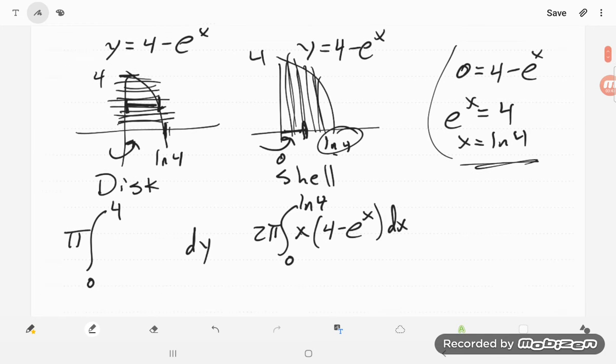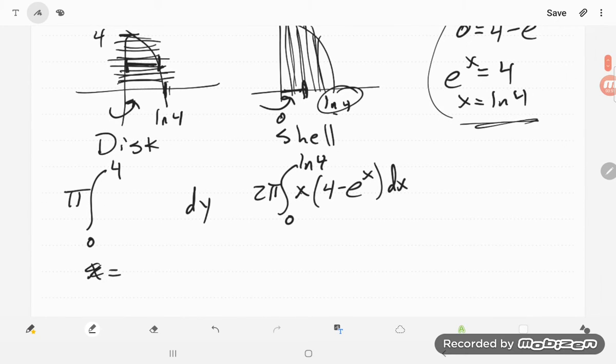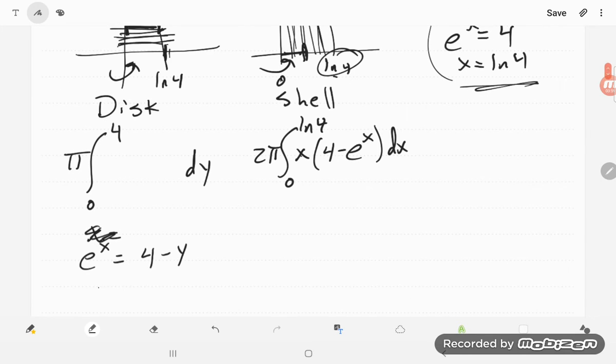Solving for x, e to the x equals 4 minus y, and so x equals natural log of 4 minus y. And so I would have the natural log of 4 minus y squared.